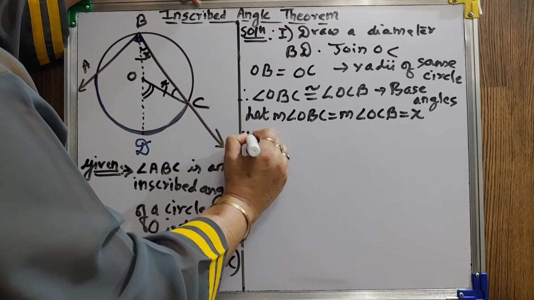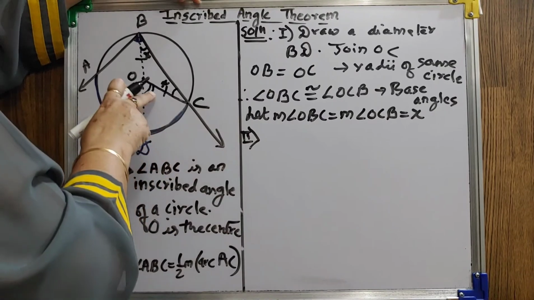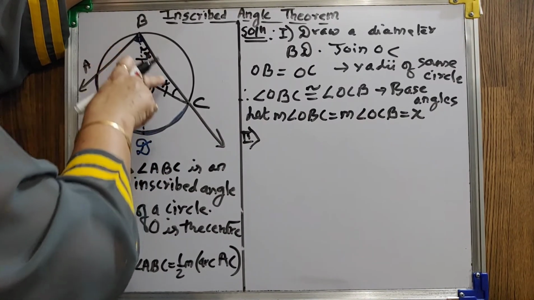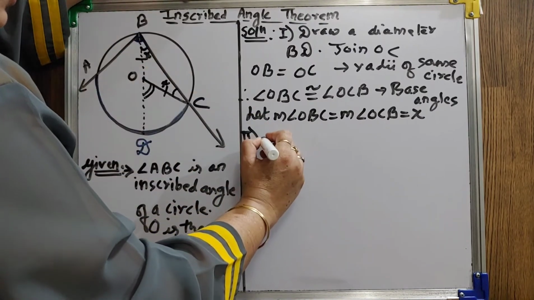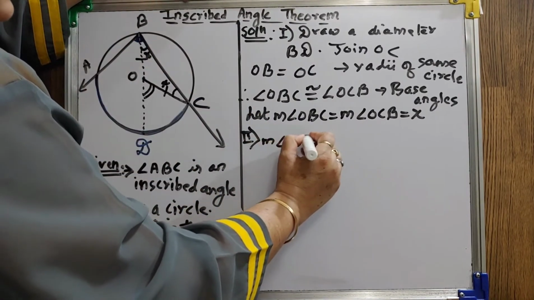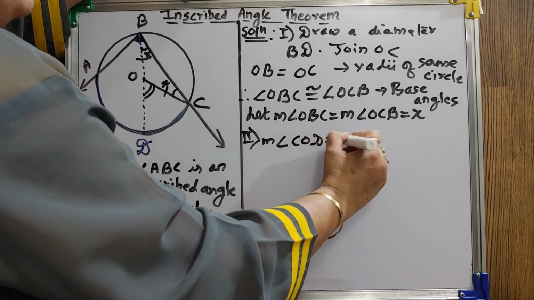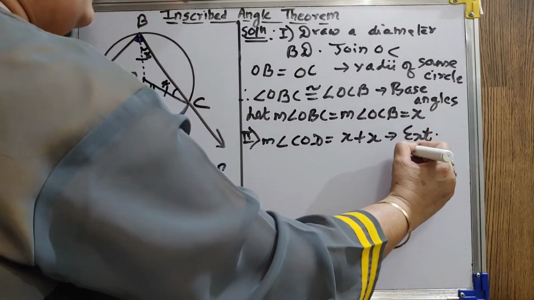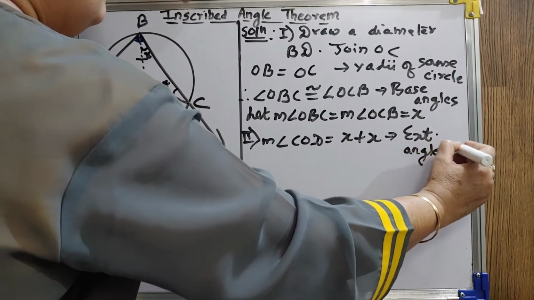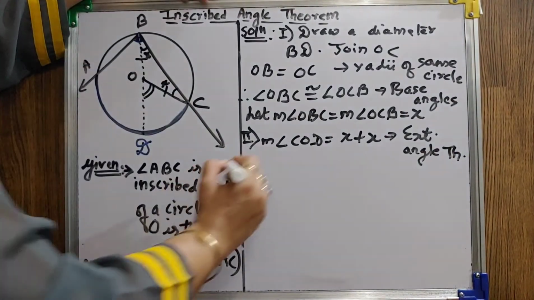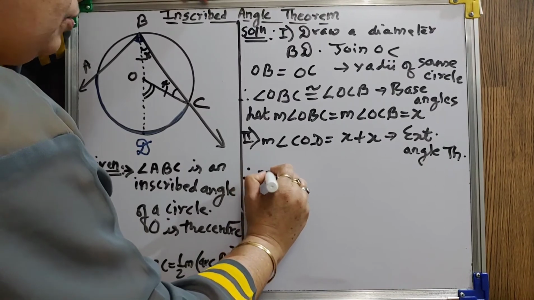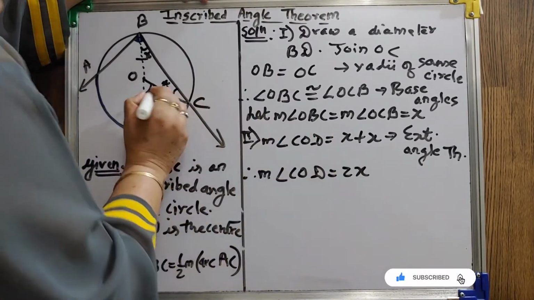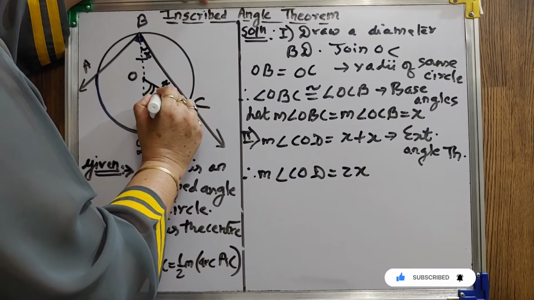According to the exterior angle theorem, the exterior angle of any triangle is equal to the sum of its remote interior angles. So your measure of angle COD will be x plus x, that is the exterior angle theorem. You have to write the full form. So according to that, my angle COD will be 2x.